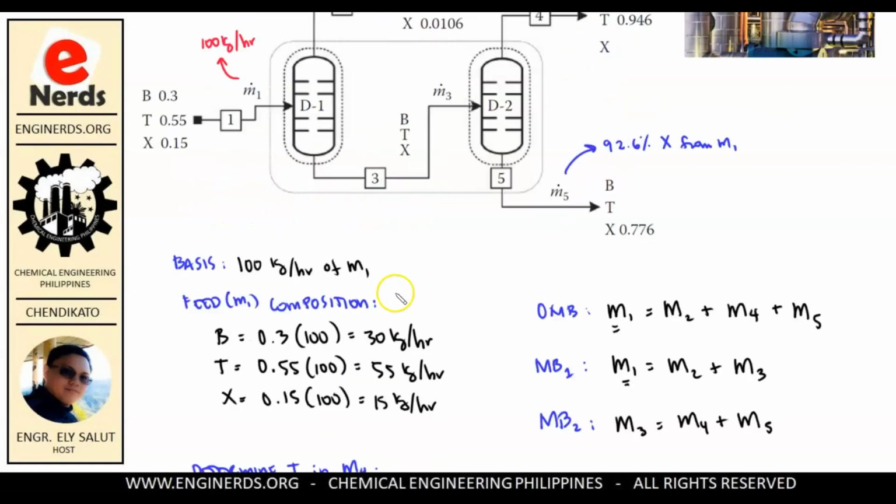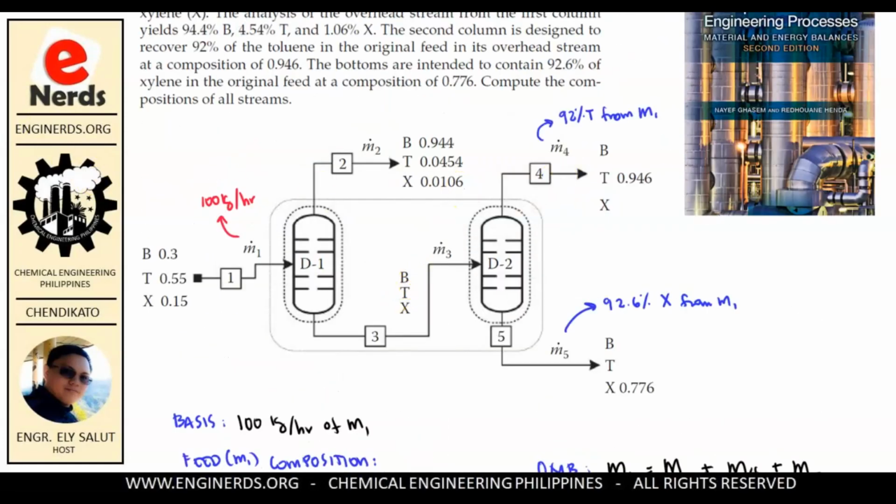Okay, so meron na tayong value ng ating toluene here. This is 50.6 kilogram per hour.